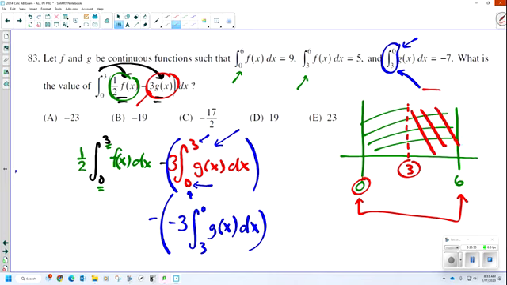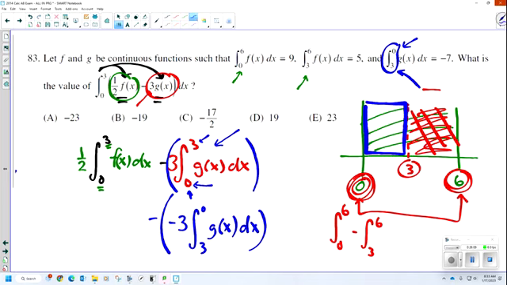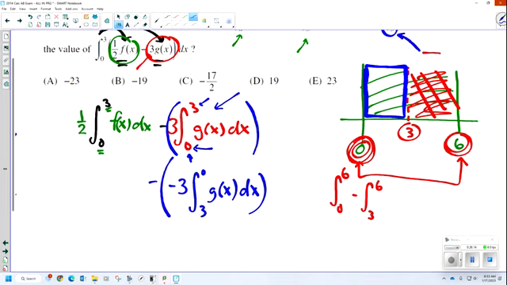So I can take my integral from 0 to 6 and subtract my integration from 3 to 6. It will get rid of this and leave me only with this as from 0 to 3, which is what I want. So that's exactly what I'm going to do for f of x here.